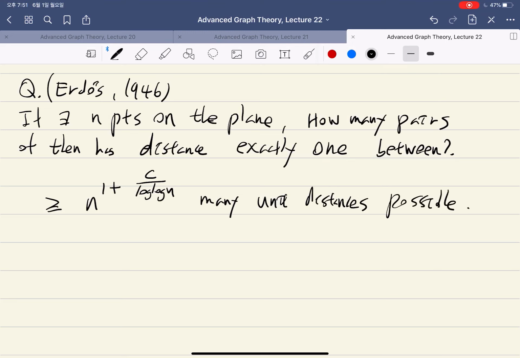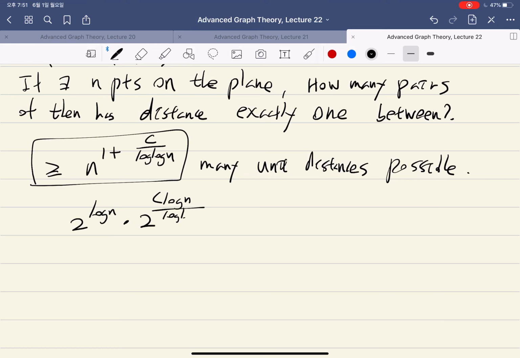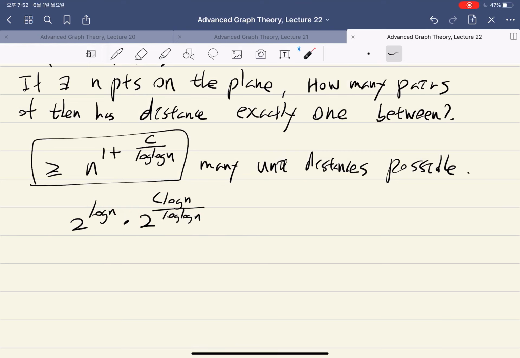So this is 2 to the log n times 2 to the c log n over log n. And this is n, and this also goes to infinity as n goes to infinity.